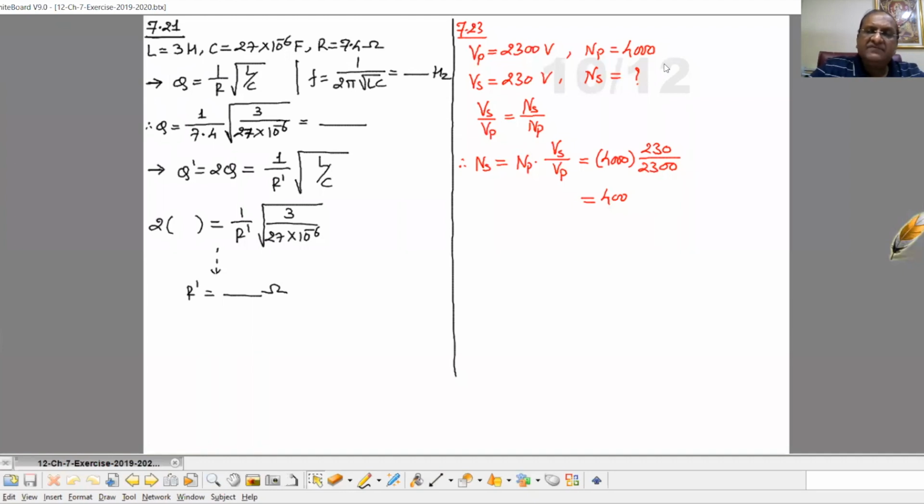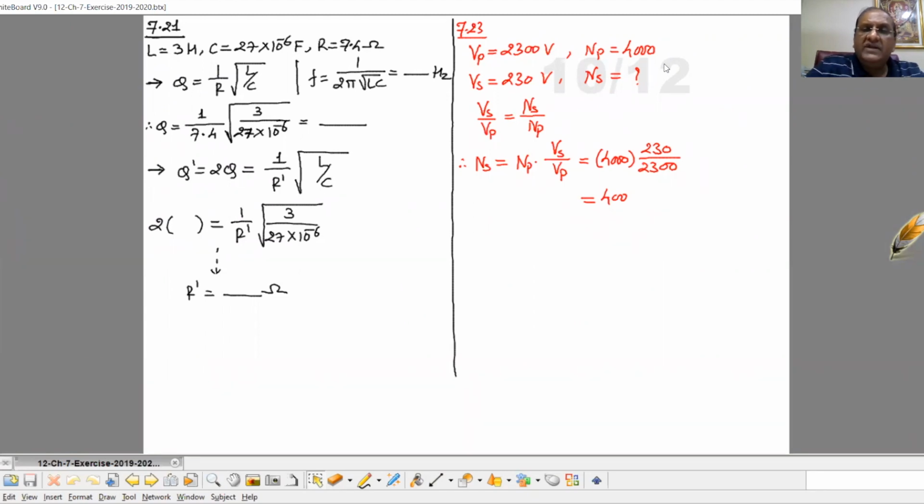Now for DC, F is 0. So to DC, the resistance offered by capacitor, that is infinite. And therefore, the DC voltage drop will be obtained across capacitor.